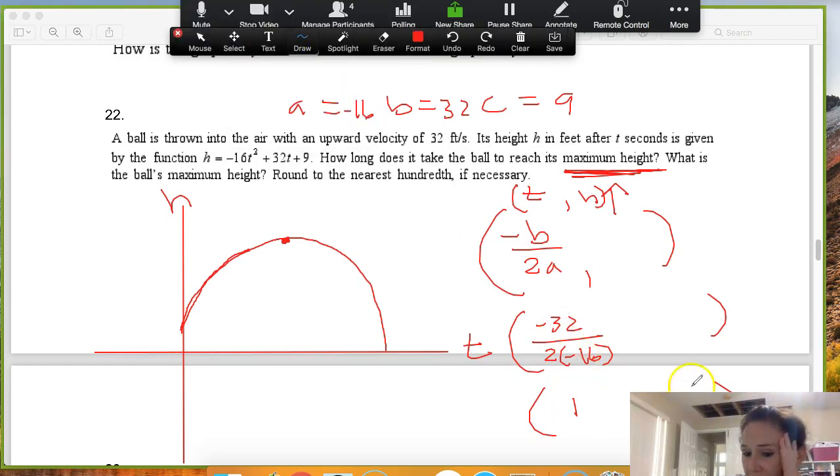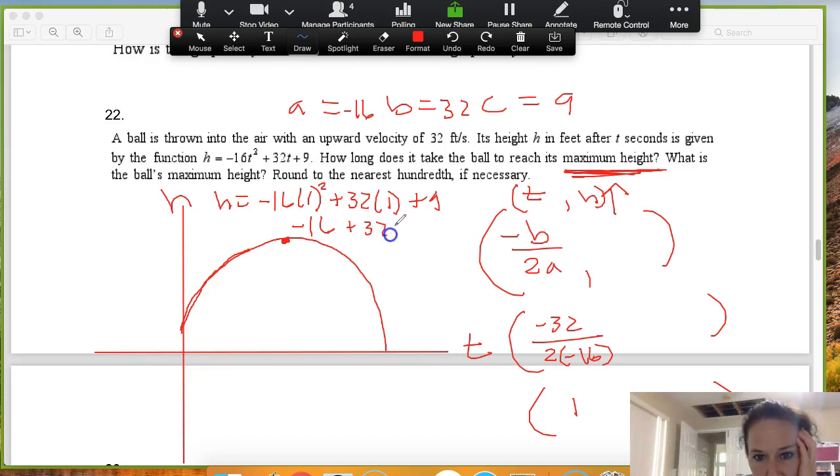So what is the actual height? That's my time. What's the height? Well, remember, I just plug it into my equation to get my height. So height is negative 16 times, I plug in positive 1 for time squared, plus 32 times 1, plus 9. I apologize, I did that again. Well, negative 16 times 1 is negative 16. 32 times 1 is 32, plus 9.